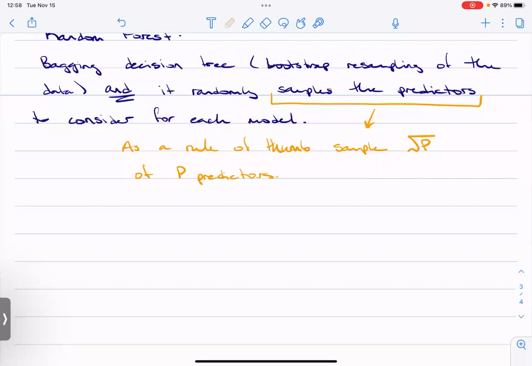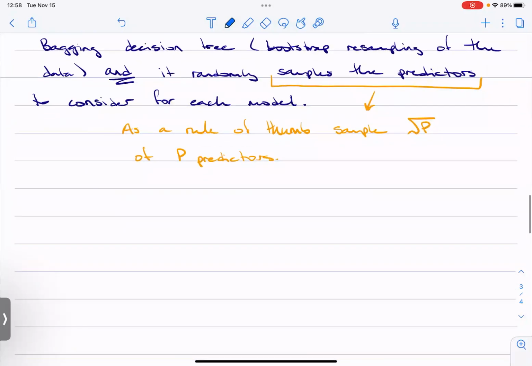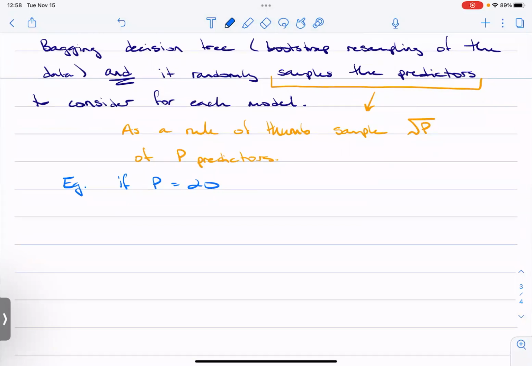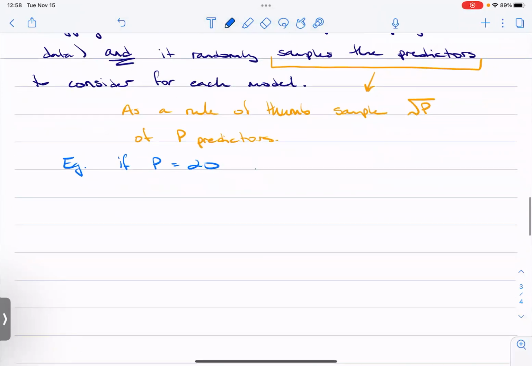Just as an example, if p is 20, which is perfectly reasonable, though in a big data situation you're going to have way more than 20 predictors, then we would randomly sample around 4 or 5 predictors for each model.